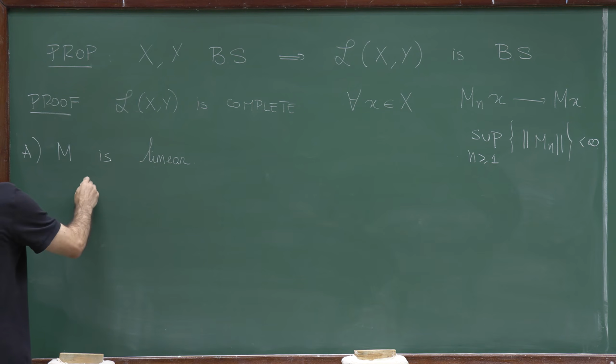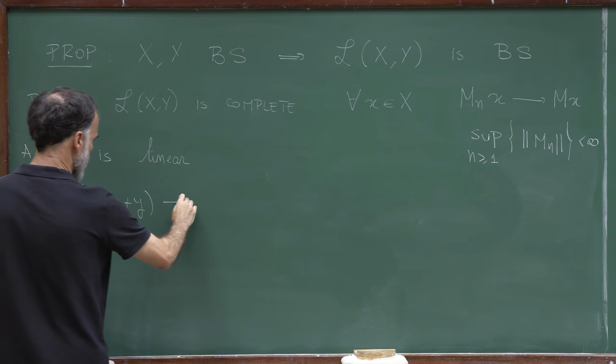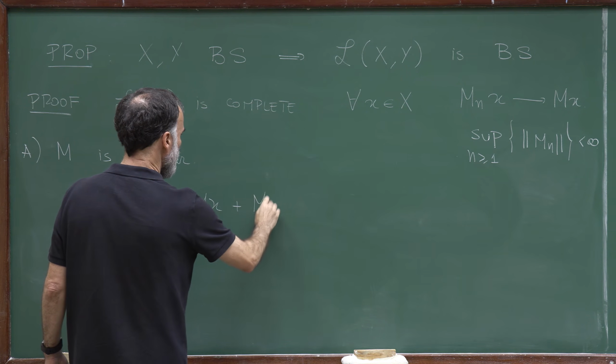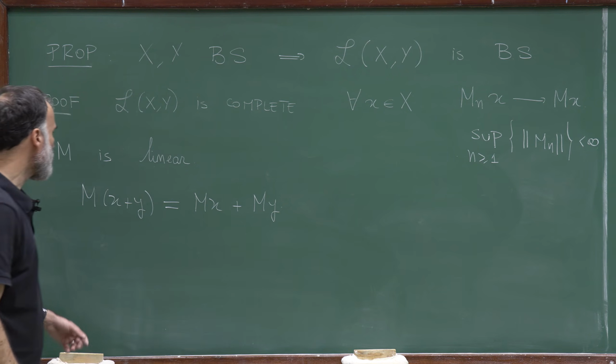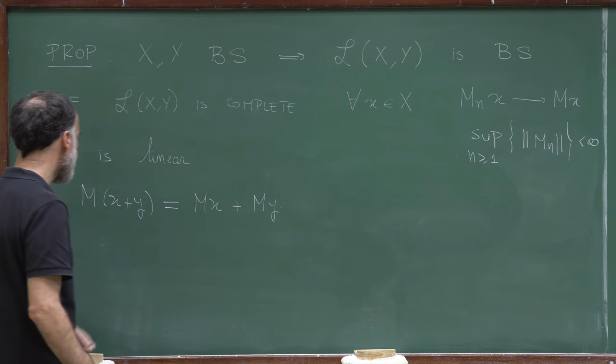So let me prove that M of x plus y is equal to Mx plus My, and I will leave to you to prove that M of alpha x is equal to alpha Mx.